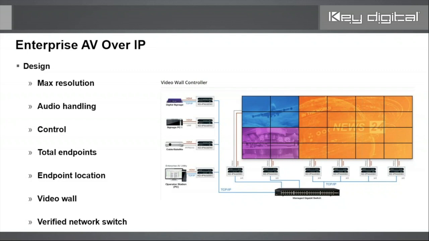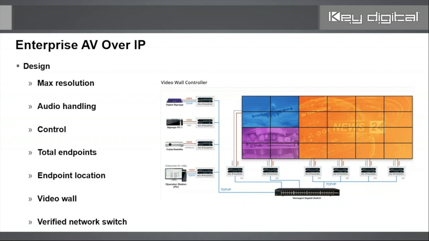The reason why you need to know this is because if you have encoders and decoders all over the building, you may need to use a fiber to connect multiple network switches. And that fiber, SFP, will most likely not be 1 gig.